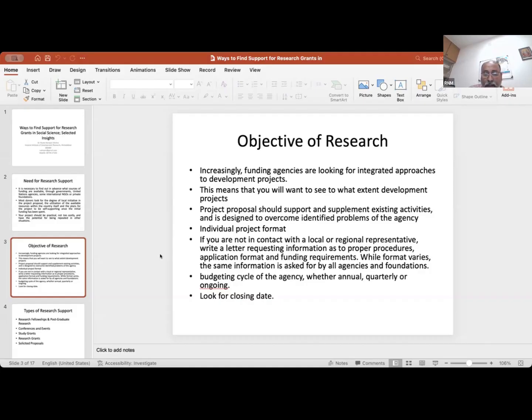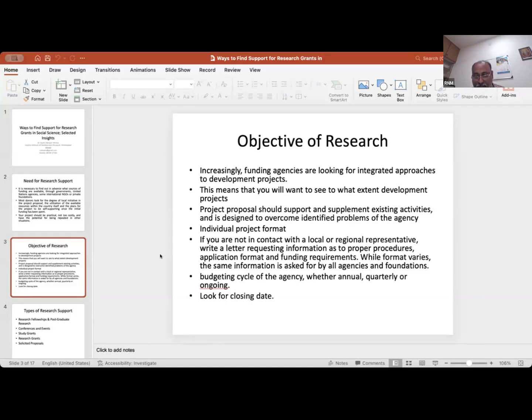Now coming to how we are going to start to write a research proposal. The call for proposal generally varies across different agencies. Those who are familiar with the ICSSR system will find that in a year at least twice or thrice they call for research proposals. They have what are called major research grants and minor research grants. So this terminology is very important.